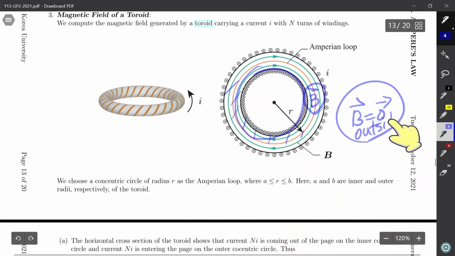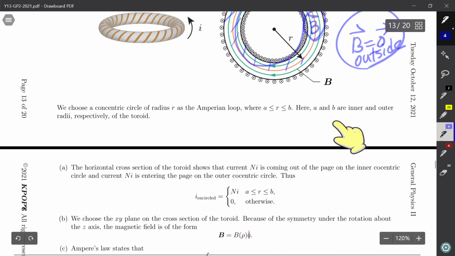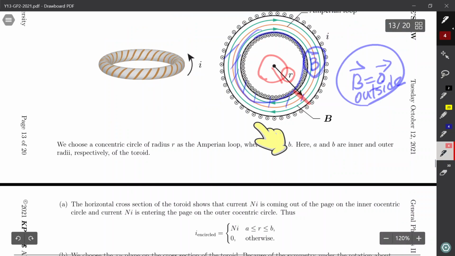Again, we can make use of an Ampere loop of radius r between these two. Here, no current passing. Here, we have many currents passing. I enclosed.